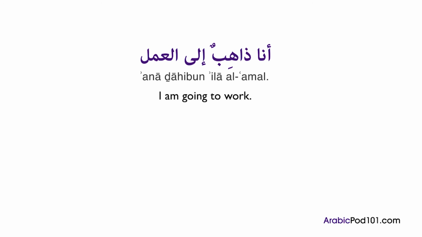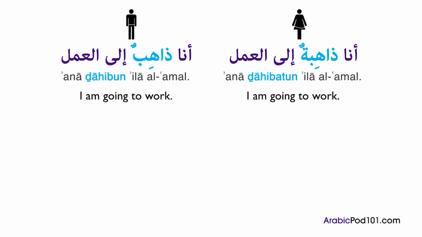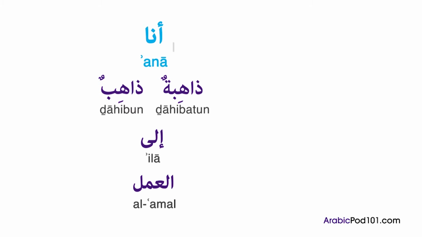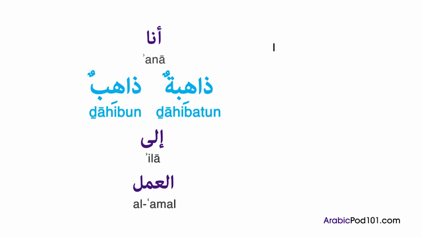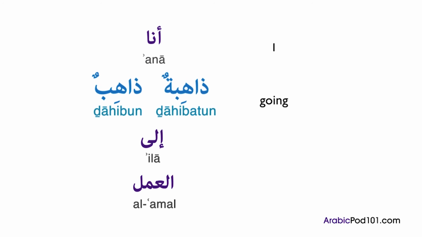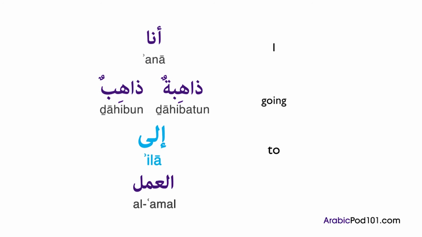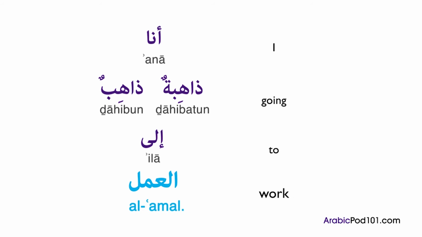I'm going to work. ذاهب is used for male speakers and ذاهبة is used for female speakers. أنا means I. ذاهب means going. إلى means to. And العمل means work. Feel free to replace work with any other location.